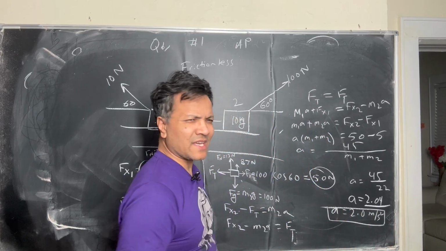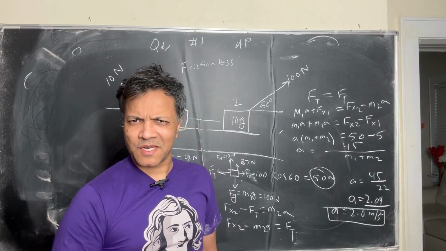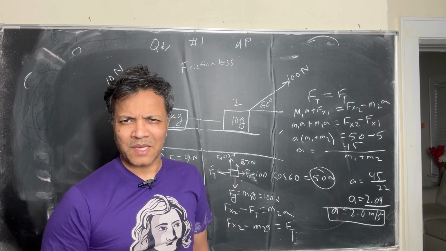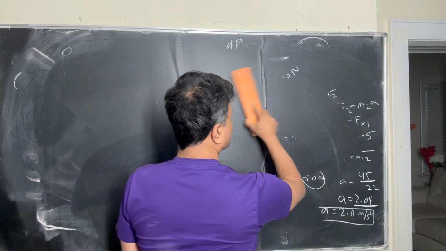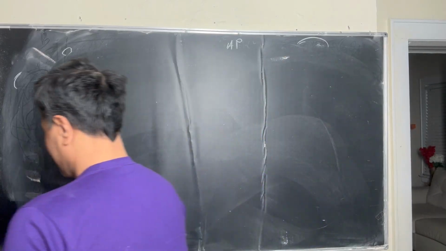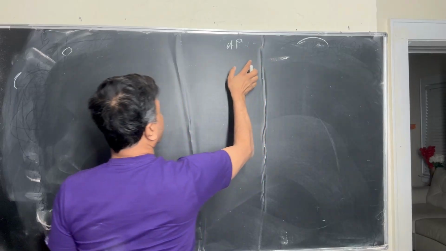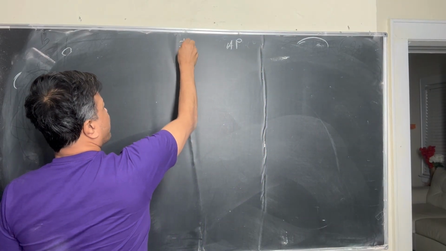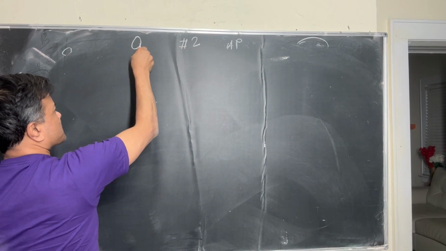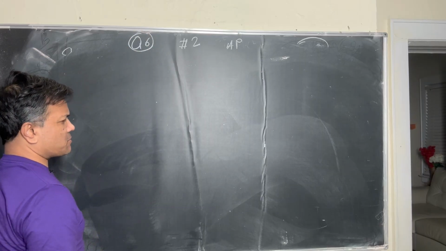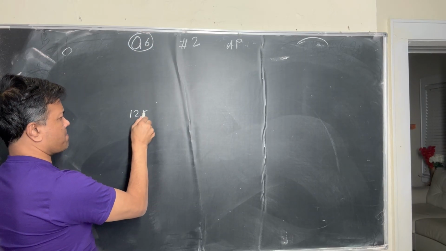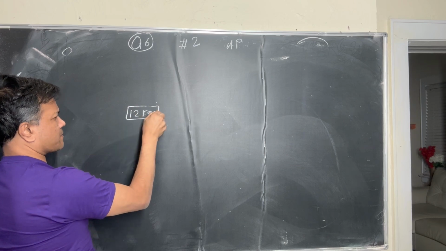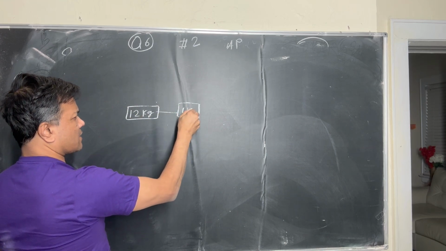If you make any mistake, there is no partial credit, you just don't make mistakes. This is step problem 2. Problem 2 has friction. Quiz 6, problem 2 has friction. Again, 12 kilogram, 10 kilogram.